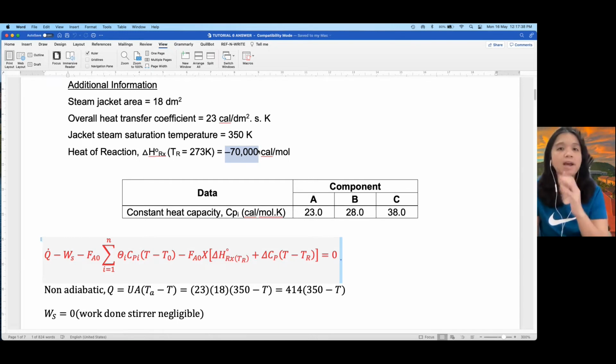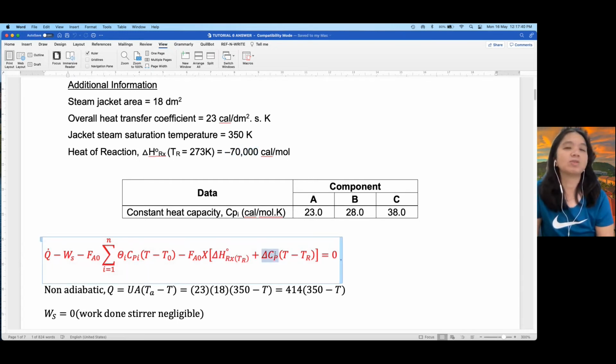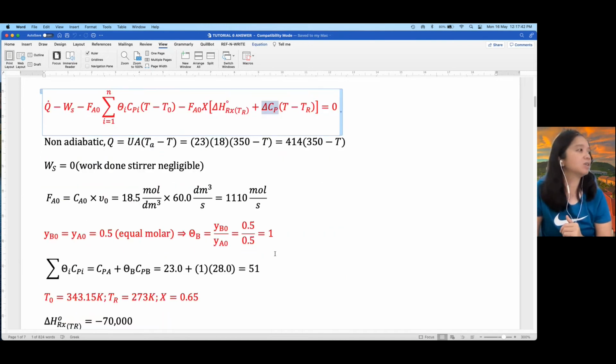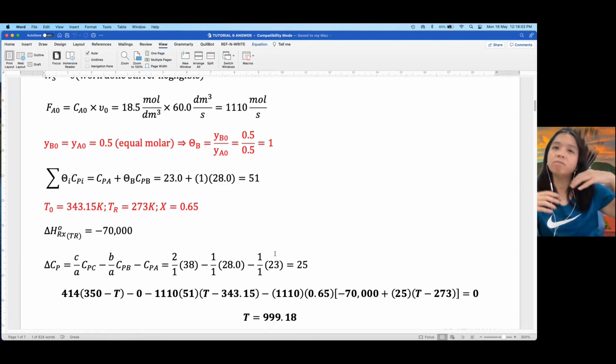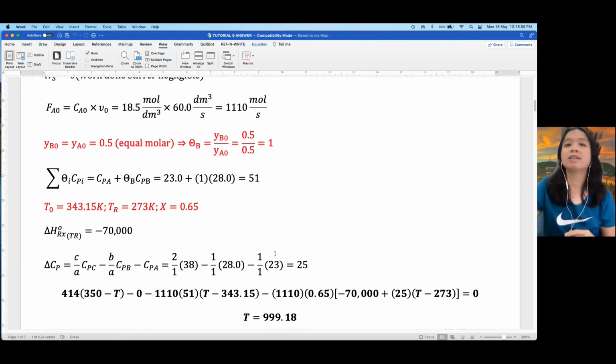So next one at the back, delta CP. Okay, so delta CP we have to calculate. Again, if you're confused about why sometimes we have addition, we have subtraction, you just focus on the mathematics symbol. Delta means changes or differences. So when you have changes or differences, it means something will be subtracted, something will be added. Something will be positive, something will be negative.